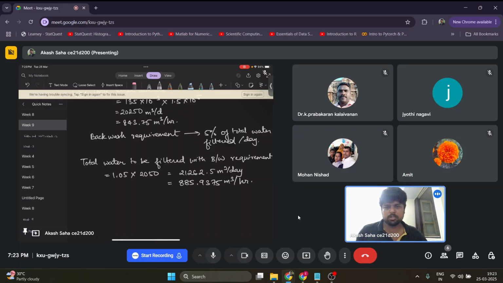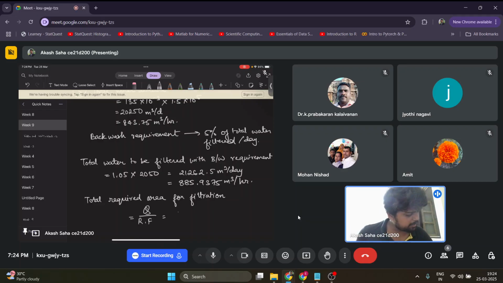Okay, so once we got the total water to be filtered per day, we will now find the total required area for filtration. So it will be the discharge divided by the rate of filtration, not area, the rate of filtration.